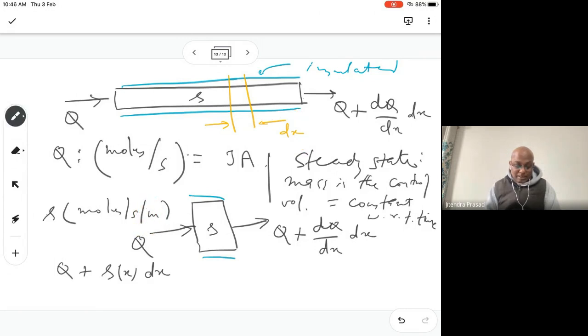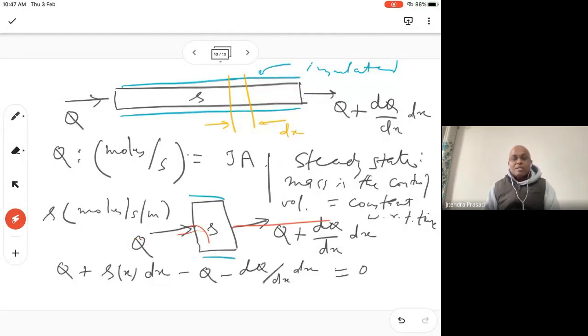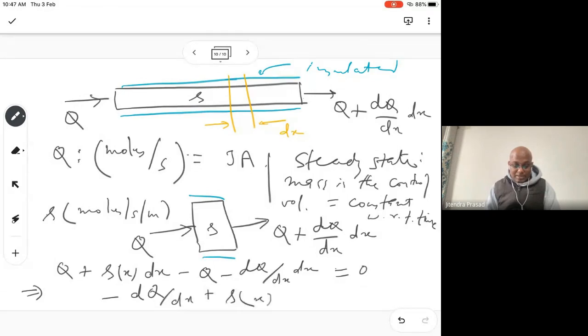Then this is leaving the system, so we will have minus q plus dq over dx times dx, equal to 0. Yeah, so whatever is coming has to leave. That's what the meaning is, so that the content remains the same. Whatever is coming per unit time is leaving per unit time. So the content of this is the same, and that really means minus dq over dx plus Sx equal to 0.